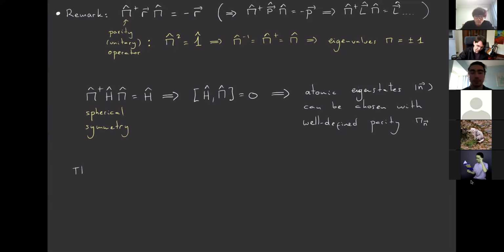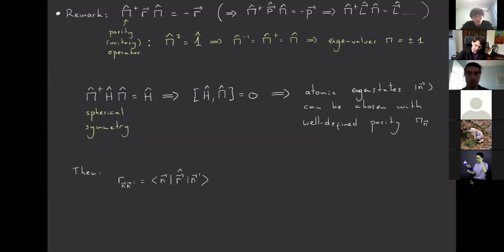Because then what happens, and this will be super important when we study the interaction between light and matter, so this is a fundamental result, a very basic result of quantum optics, and that is used all the time, is that if we consider the matrix element between n prime and n of the relative coordinate, okay, so the relative coordinate is an operator. We can evaluate the matrix elements of this operator in the basis that we are working with, so the atomic eigenstates we have just defined.